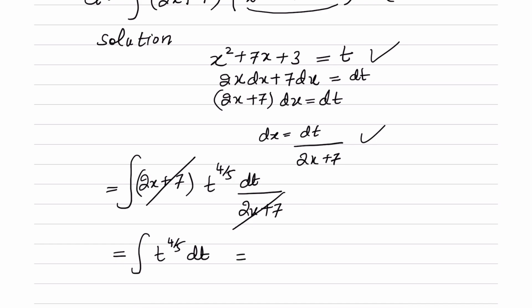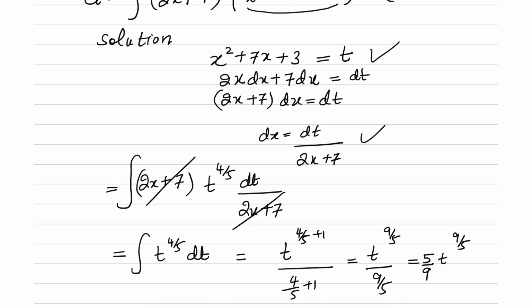Now by simply using the power rule of integration, we have t to the power 4 by 5 plus 1 divided by 4 by 5 plus 1, which gives us t power 9 by 5 divided by 9 by 5, which can be written as 5 by 9 t power 9 by 5.